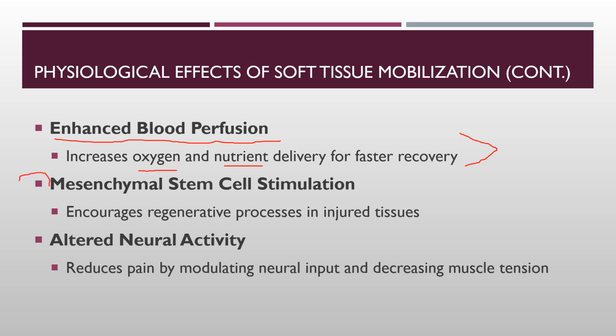Something else that's pretty interesting too is there's been a few studies that have shown mesenchymal stem cell stimulation as a result of soft tissue mobilization. And these really help to encourage regenerative processes in injured tissues. So if you don't know what these mesenchymal stem cells are, you can maybe do a quick search, but essentially these form in the bone marrow, and they're really like an unrecognized tissue, so it has the ability to adapt and become something very different.